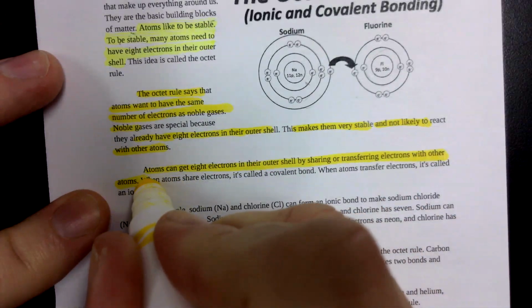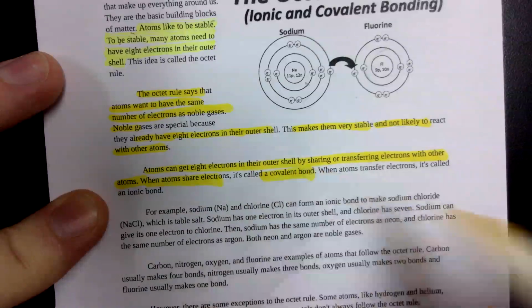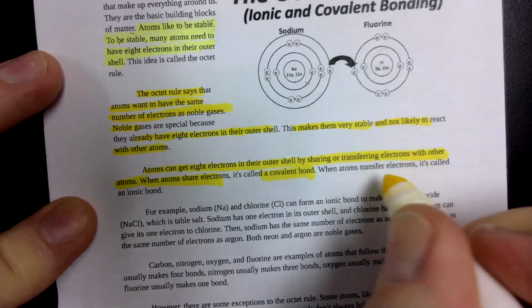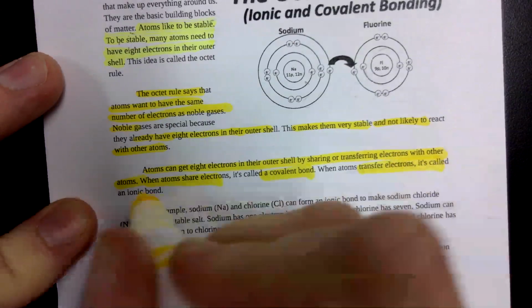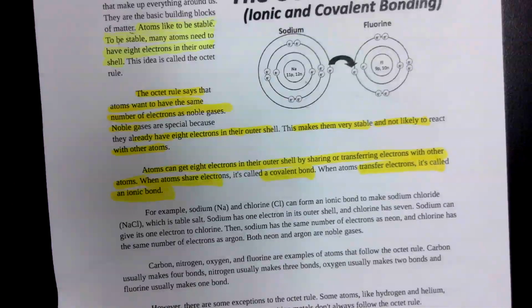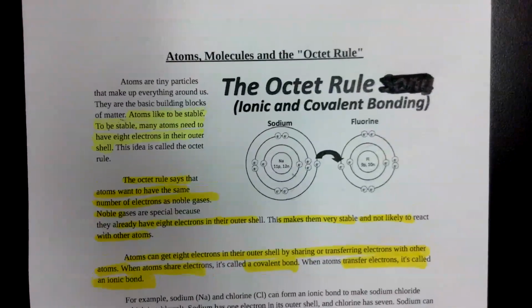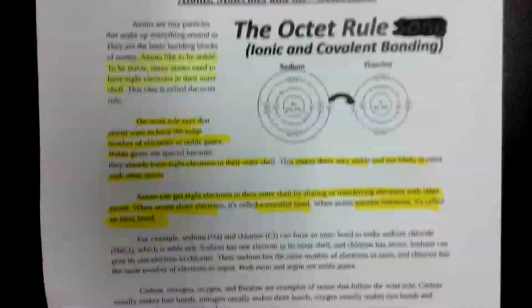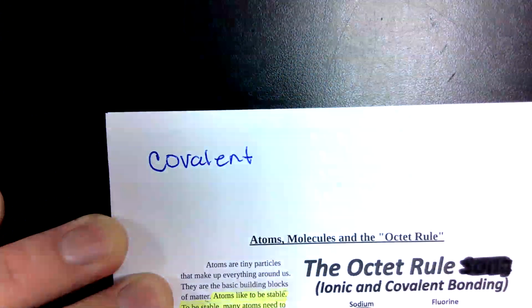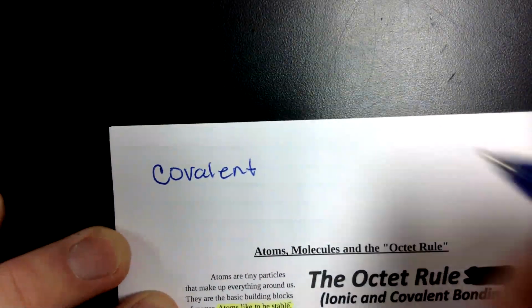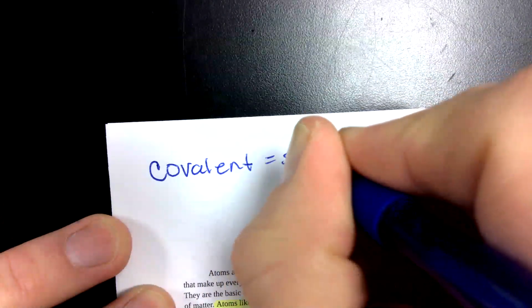When atoms share electrons, it's called a covalent bond. When they transfer or give them away, it's called an ionic bond. I want you to take a moment and write that at the top. A covalent bond is when they share atoms.